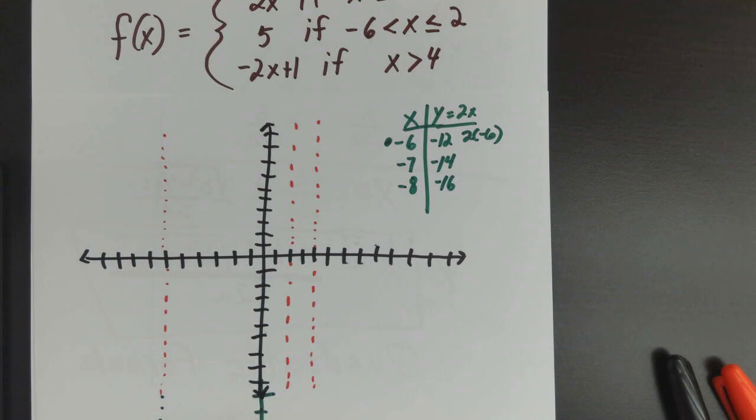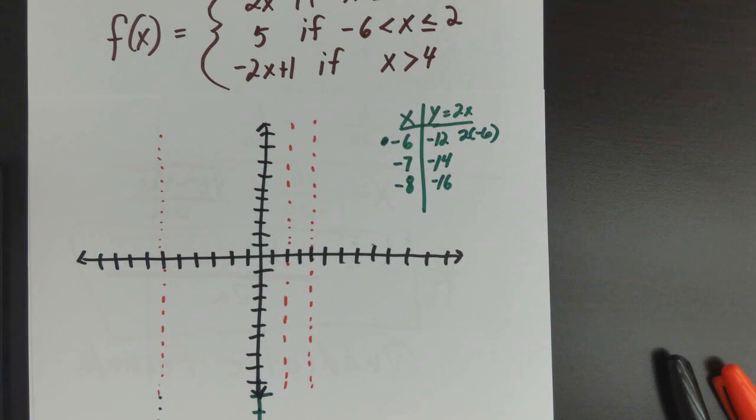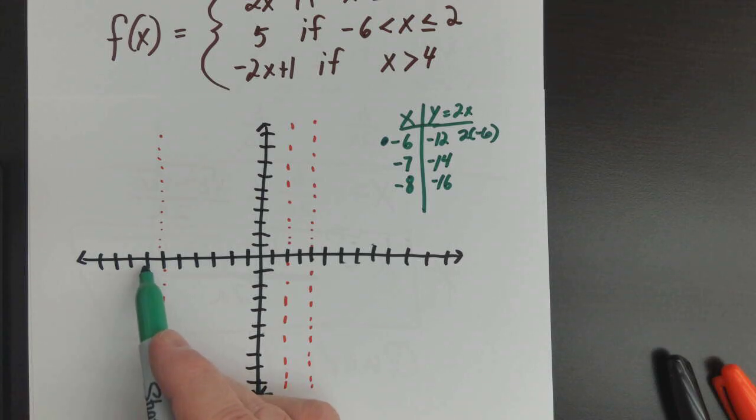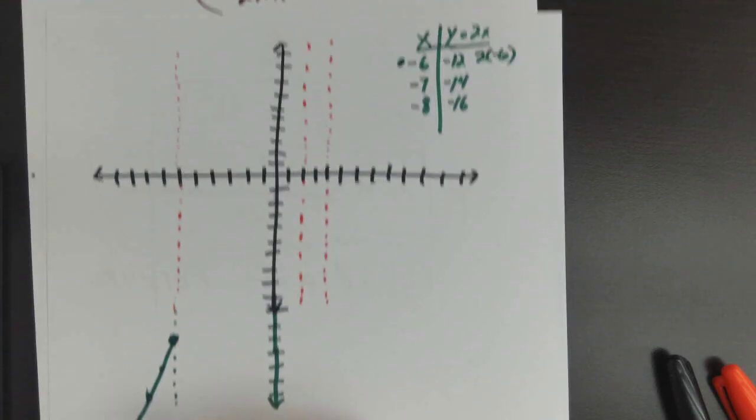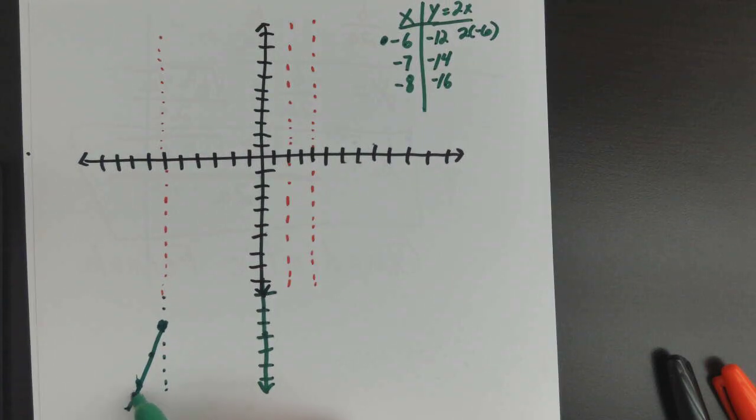And we said that gets a closed circle. And then -7, -14. I'll go down a couple here. And -8, -16 is like right there. So this part of the line, can you see that at all? This part of the line is here.